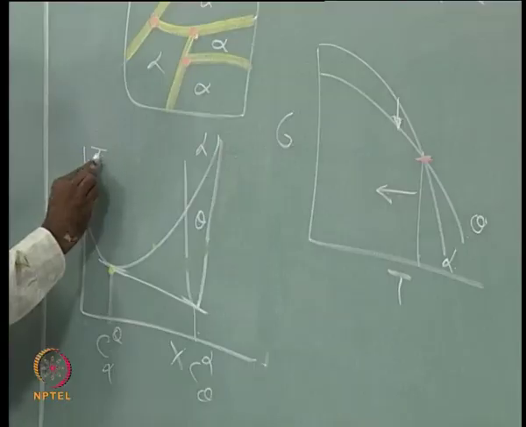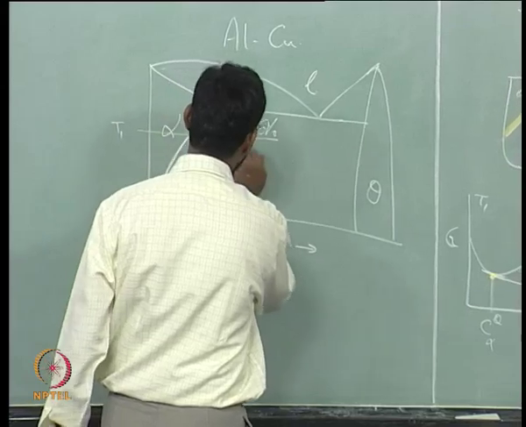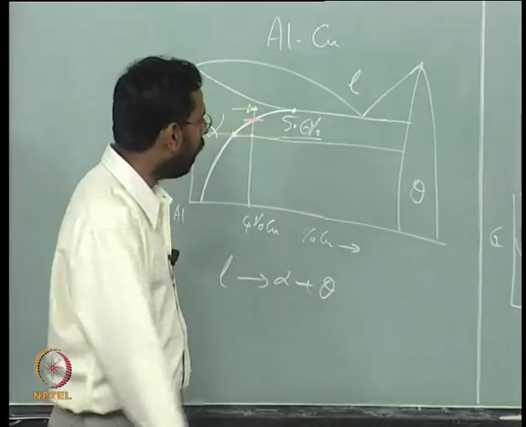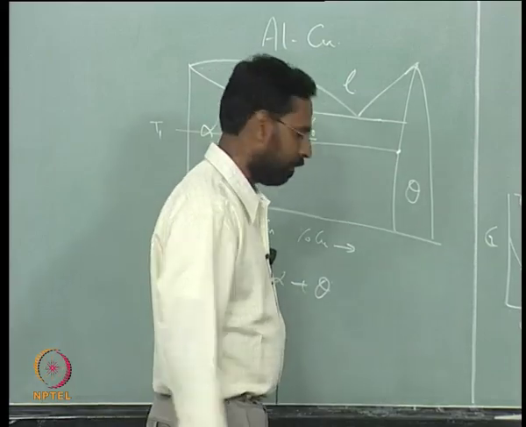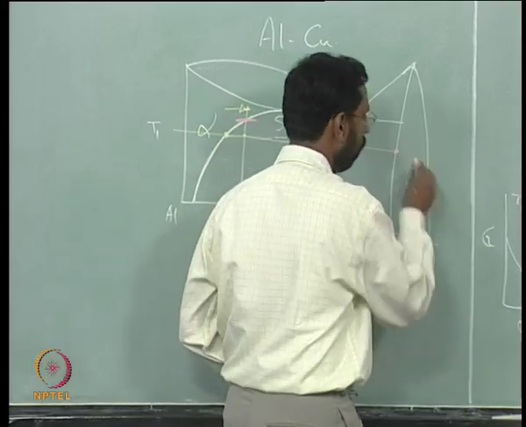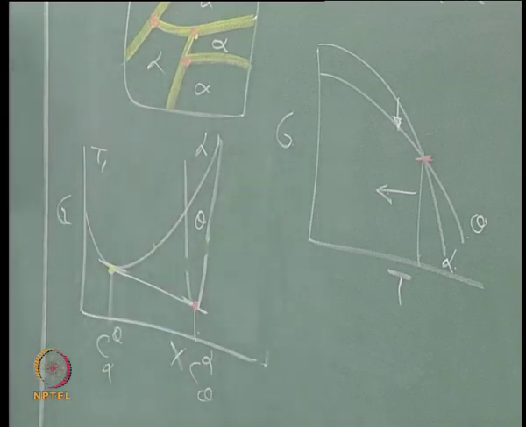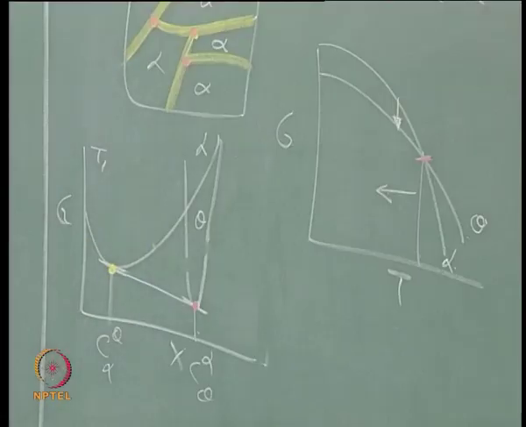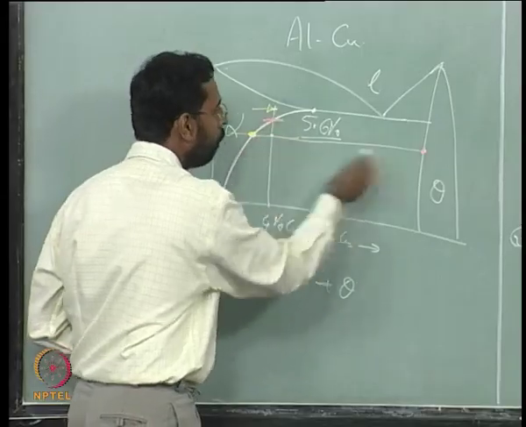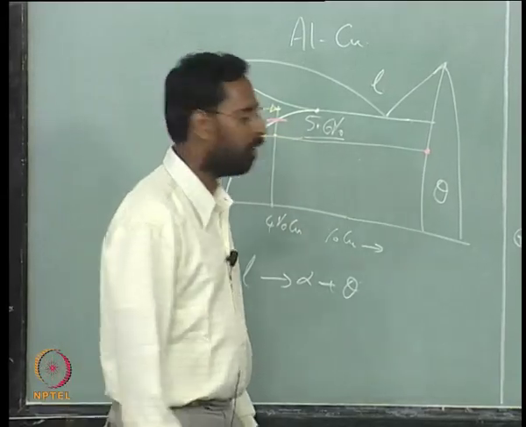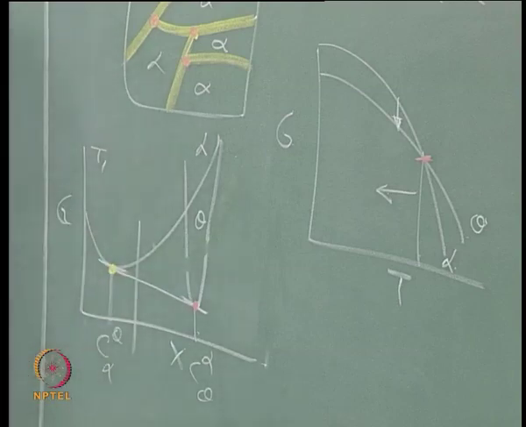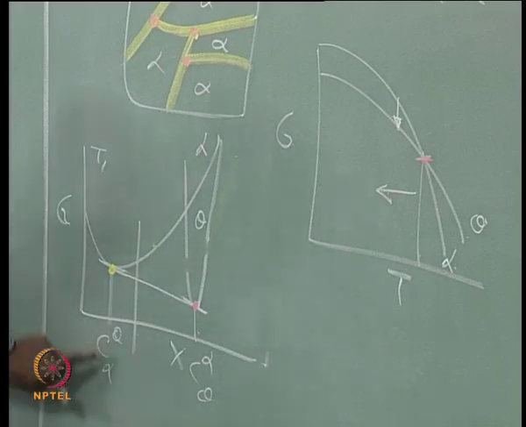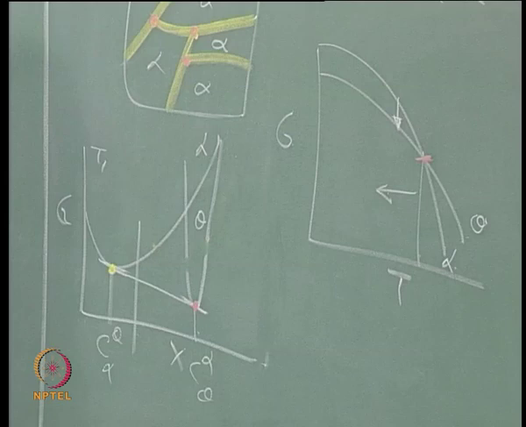If I extrapolate this tie line, wherever it intersects here is this composition, this yellow dot, and my alloy composition is somewhere between these two, a composition between C alpha theta and C theta alpha.